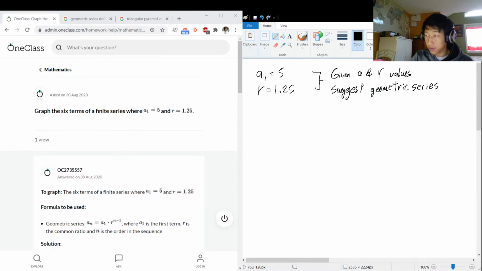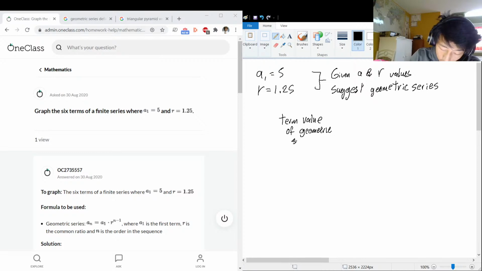Now, what is a geometric series? Well, a geometric series is essentially that the term value of a geometric series is A initial multiplied by R to the power of n minus 1.